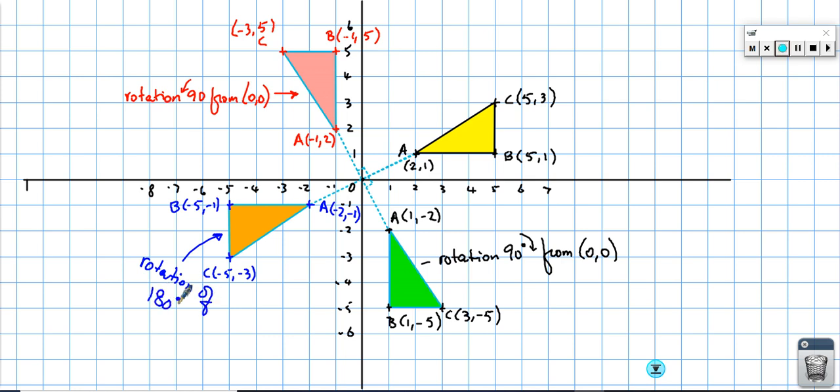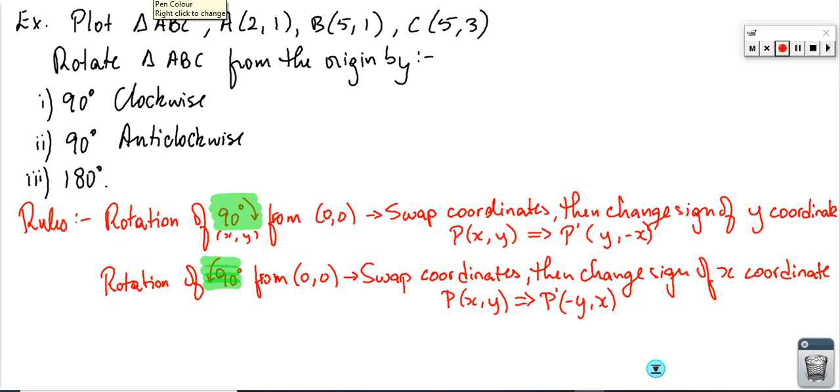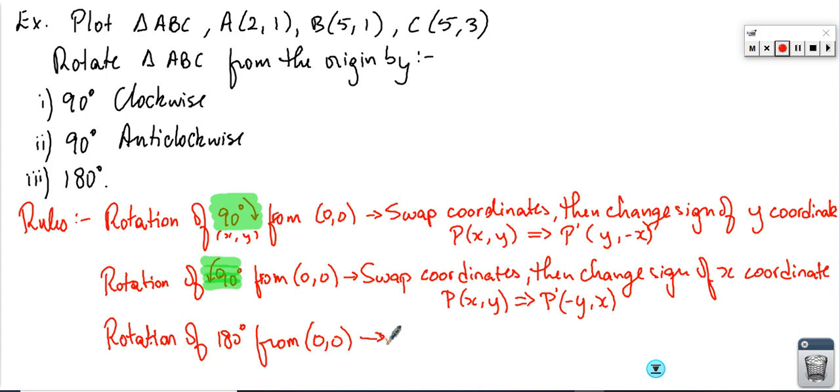Okay, so as we have seen, the coordinates remain the same, but the signs changed from positive to negative. So we're going to write down the rule. The rule is now quite simple. A rotation of 180 degrees from the origin means that all we need to do is change all signs.